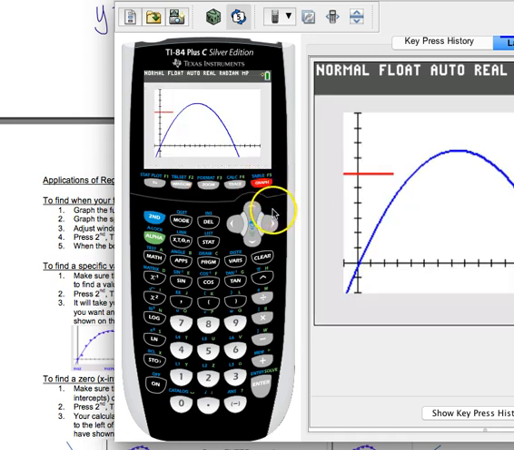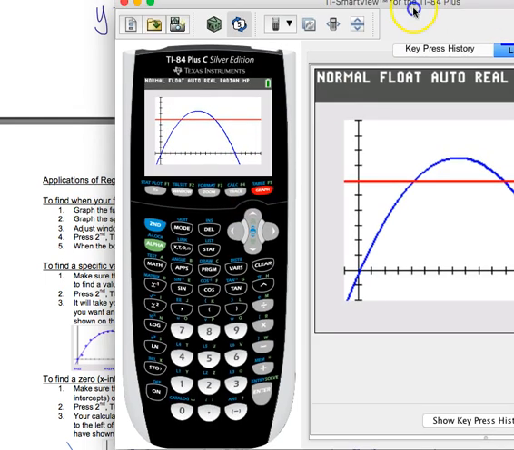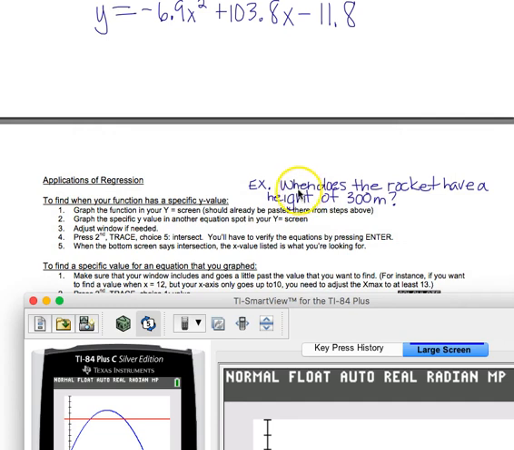Then I can press graph, and you can see the parabola, which represents the rocket's path, and I can see y equals 300, which is telling me where the rocket would have a height of 300. In this case our x data represents time, our y data represents height, so I need to find the intersection points.